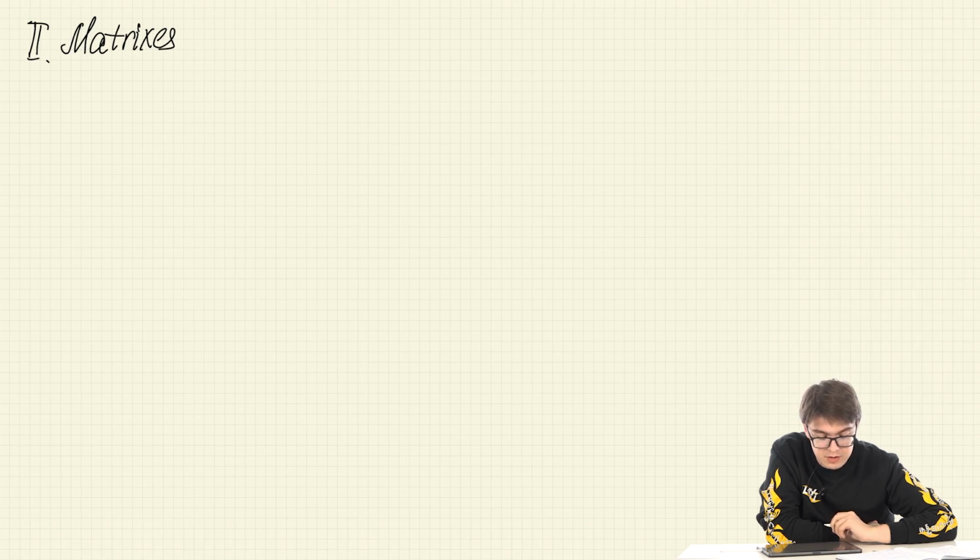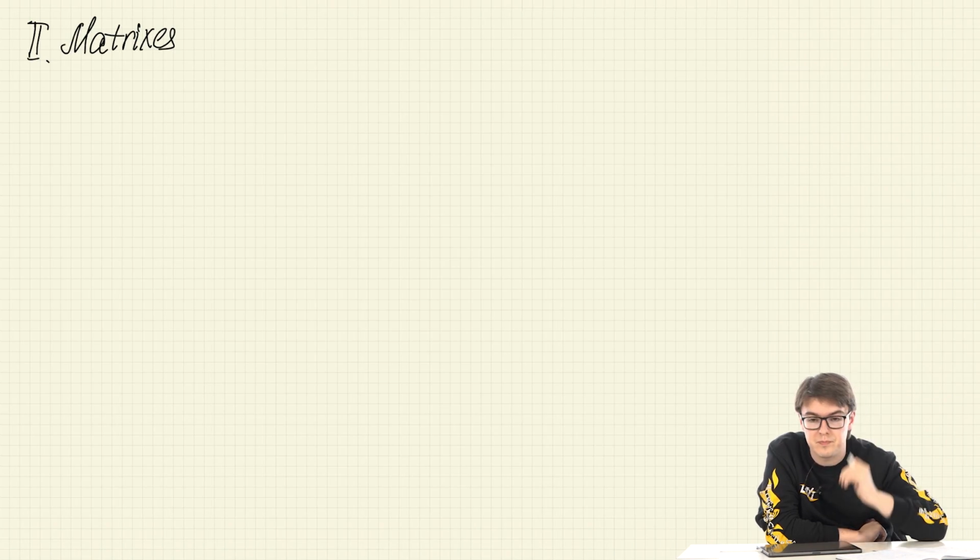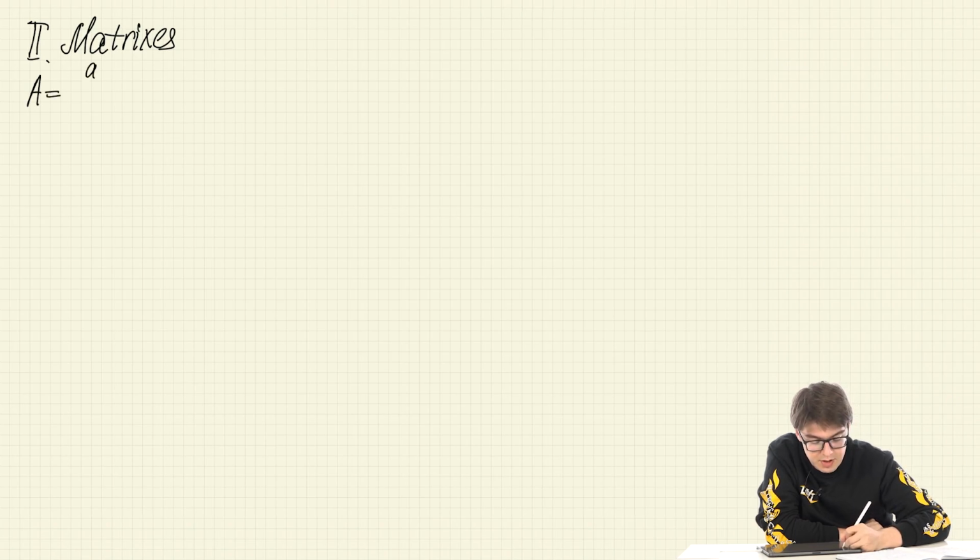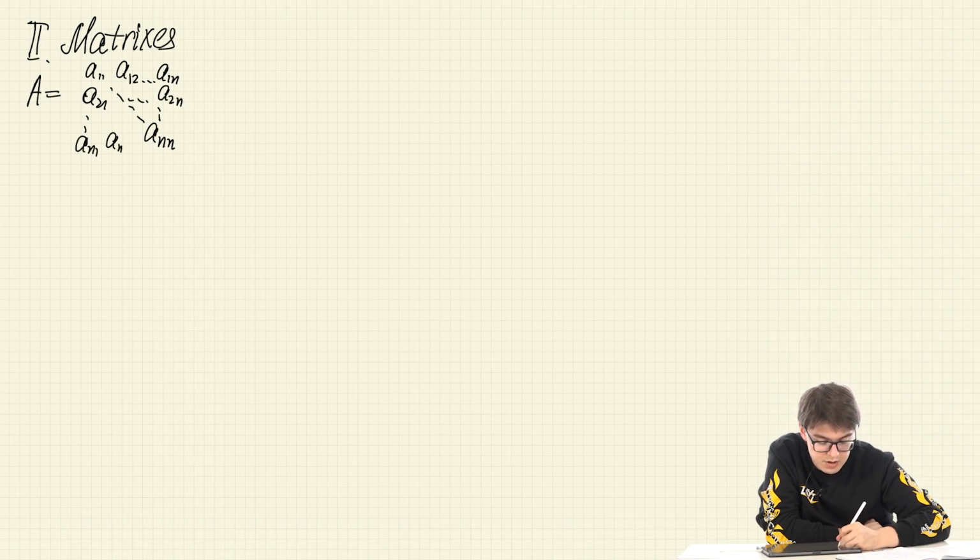Apart from different operations like summarizing or finding the inverted matrix, we can also transpose matrices. For instance, take the simplest example, a quadratic, square matrix with elements A21, A2n, AN1, AN2.